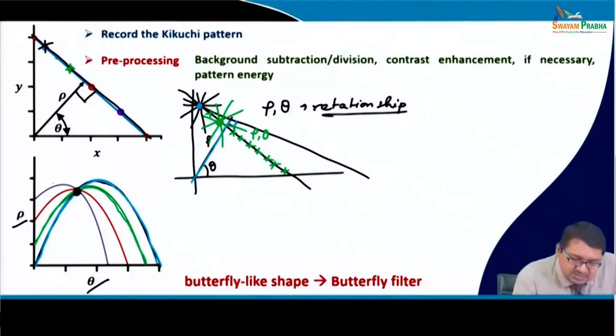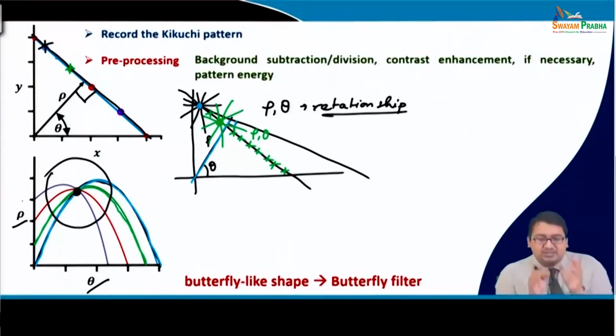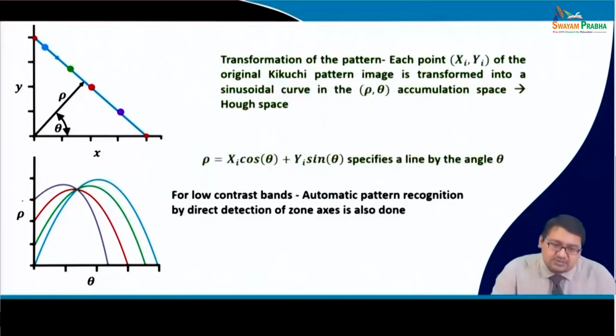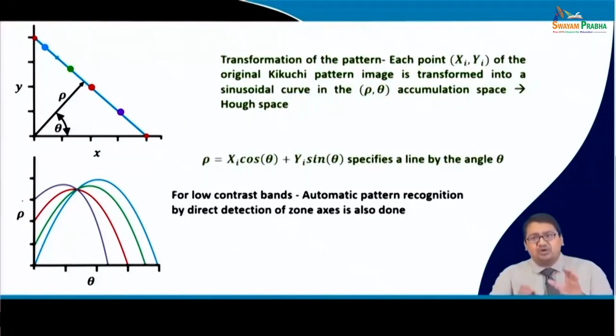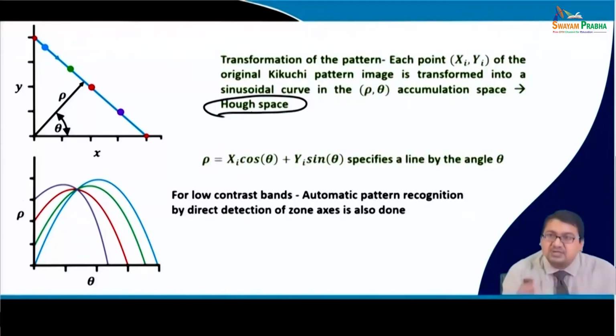If you look into this pattern, it has a butterfly like shape, and therefore, it is called butterfly filtering of the Kikuchi band into a half point in a half space. So, the transformation of the pattern, like each xy point of the Kikuchi pattern image into a sinusoidal curve in the rho theta accumulation space is basically by which the half space is created.